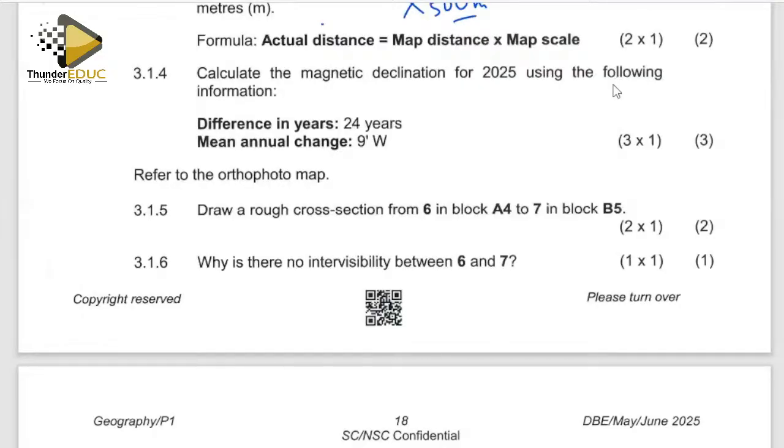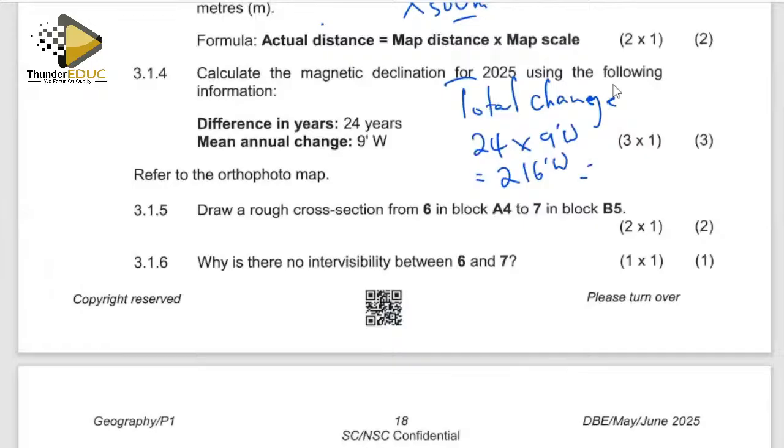For you to get the total change, you multiply the difference in years by the mean annual change. In this instance, our mean annual change is 9 minutes to the west, and our difference in years is 24. So for the total change, we say 24 times 9 minutes to the west. And that is going to give us a total of 216 minutes to the west.